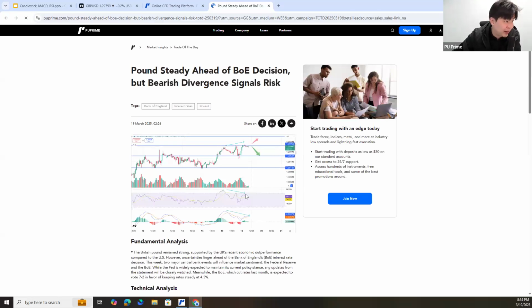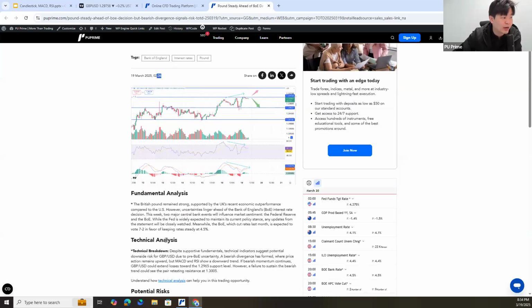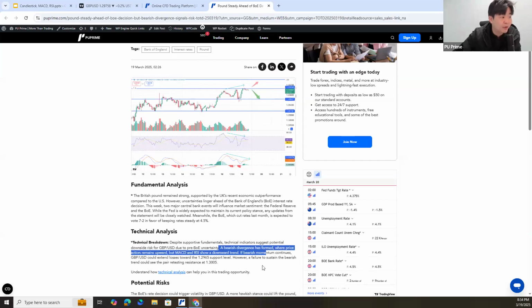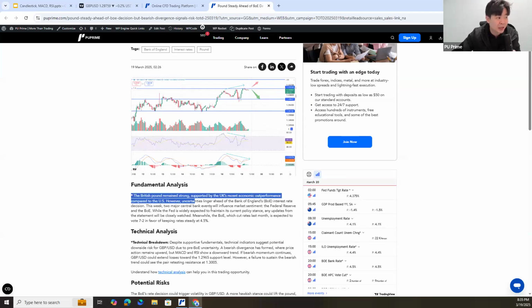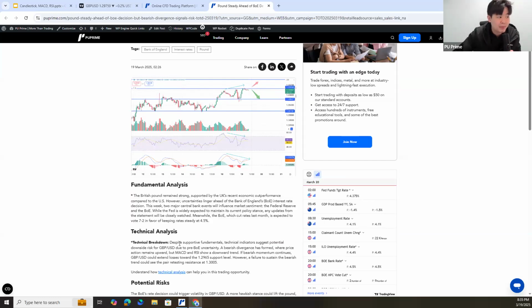You can notice when we prepared this article, about 6 hours ago, the price was testing 1.30055, but on this criteria we mentioned the bearish divergence had formed, which we were expecting on a short-term basis. Maybe the pound sterling might drop slightly, even though the fundamentals are quite supportive for the pound to continue going up, but maybe MACD can show some potential divergence. So when this can be formed, we are expecting the pound sterling to drop.